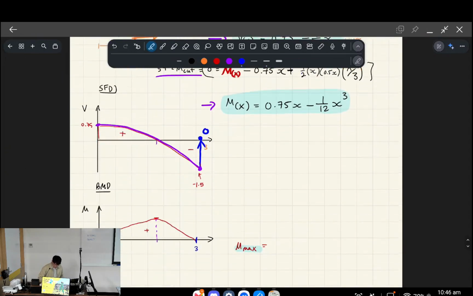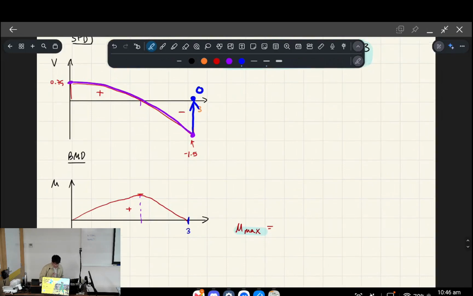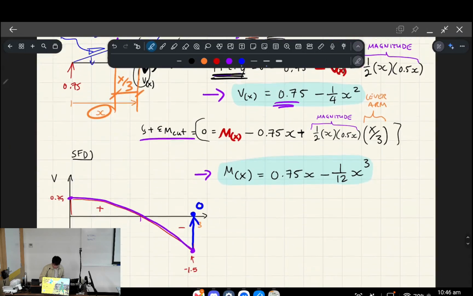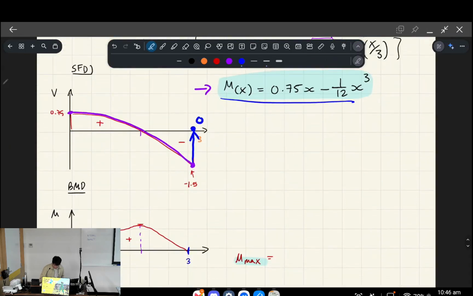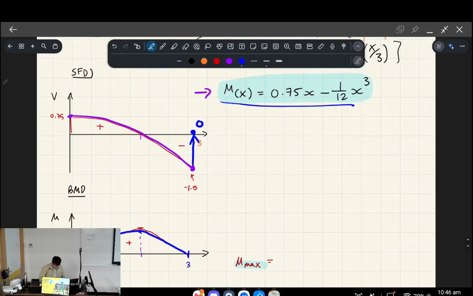Okay. All right. So bending moment. That's represented by this line. So it's a cubic, and it looks something like this, like a little bit of an offset parabola, right? We're interested in the maximum bending moment.